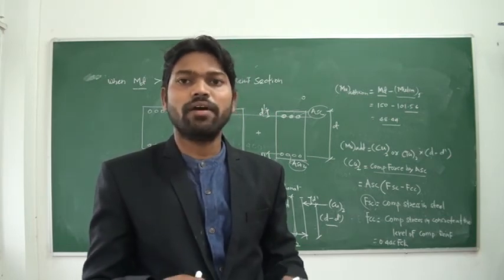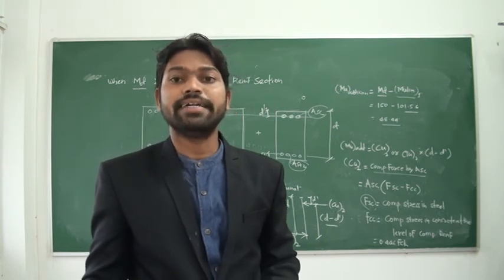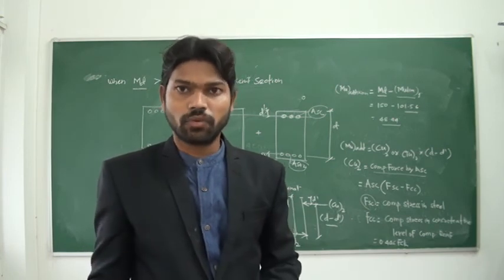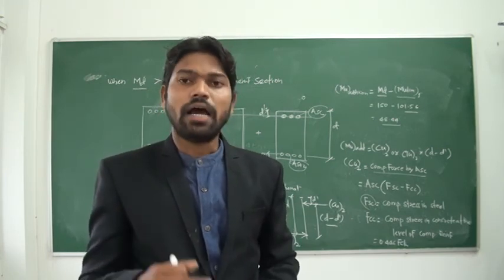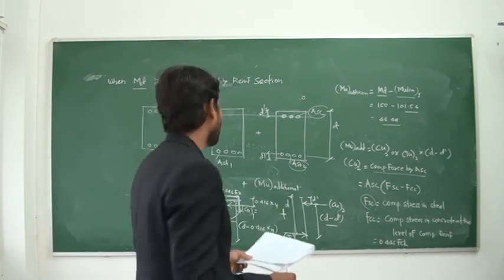I will directly give the values of FSC for different grades of steel and different ratios of d dash by d. These values are derived from the stress strain curve of steel and strain values at that particular level for the given ratio of d dash and d.